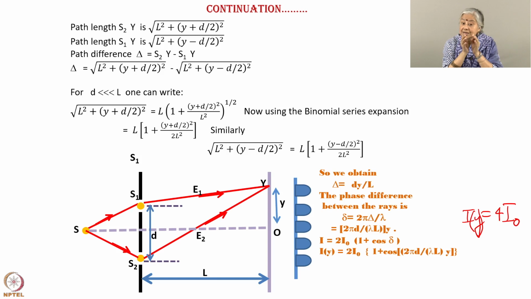So, with this path difference, I am getting this interference pattern. Now, try to recollect what I had told you about coherence, spatial coherence. The moment there is spatial coherence, I will get the interference pattern. That is what I explained before. If there is no spatial coherence, then I will not get the interference pattern; it will be blurred.